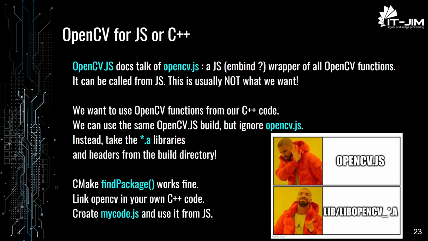Even find_package of CMake works fine if you specify the OpenCV build directory and then link OpenCV in your own C++ code. Once you understand how it should be done, it works fine. Then you create my code JS and use it from JS. And never use the OpenCV JS created during the OpenCV build.